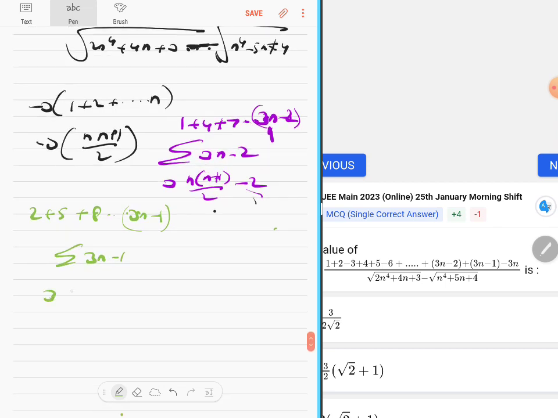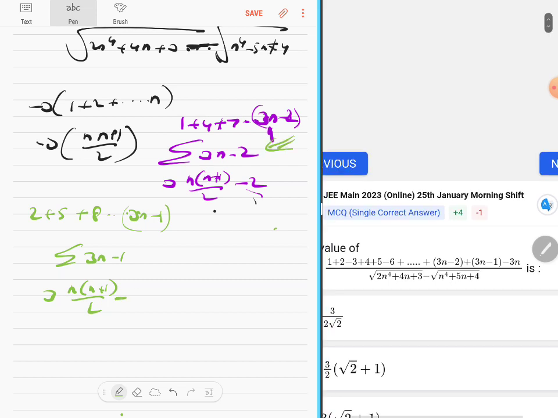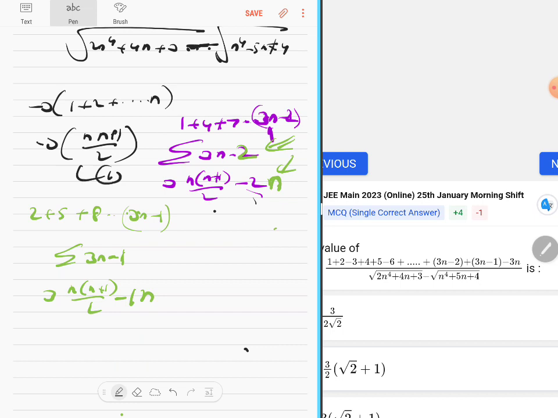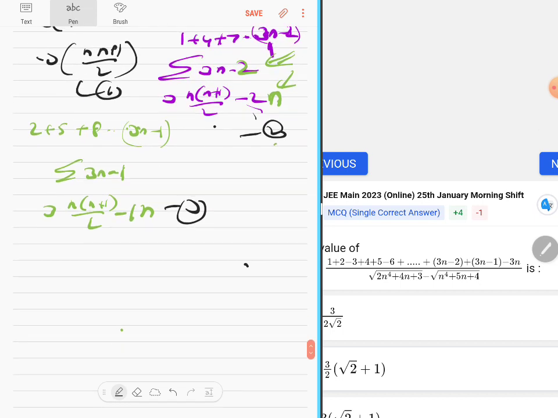It's 3 into n into n plus 1 by 2 minus the summation of 1, which will be n. Then you have to add answer 1, answer 2 and answer 3, because that's all the addition in the numerator.